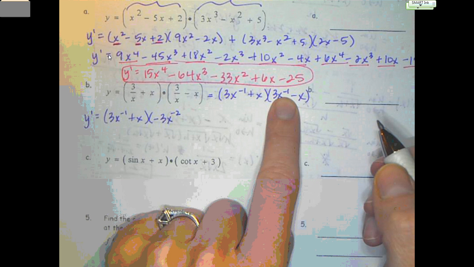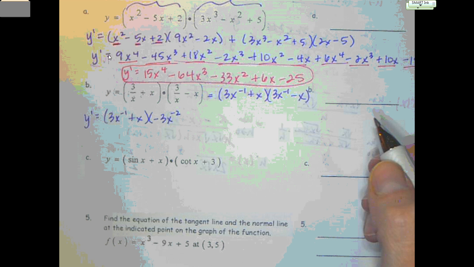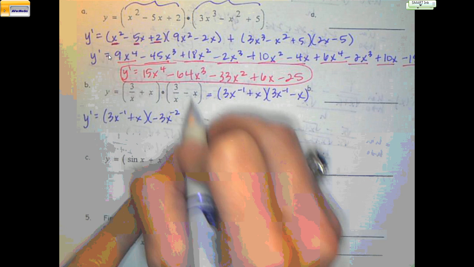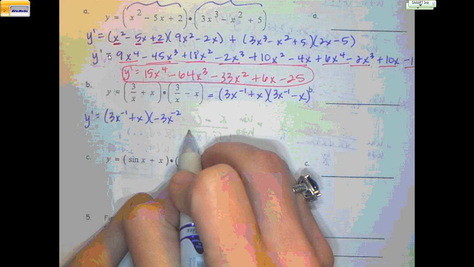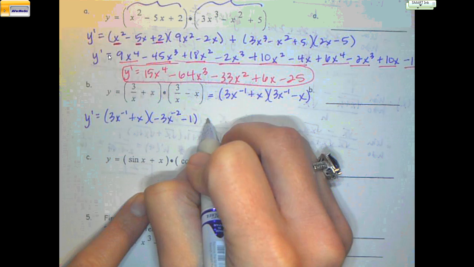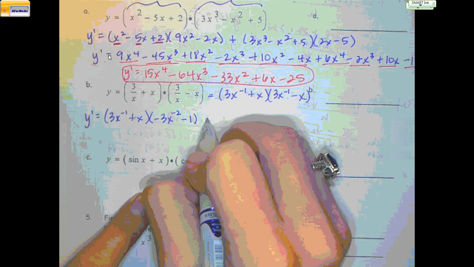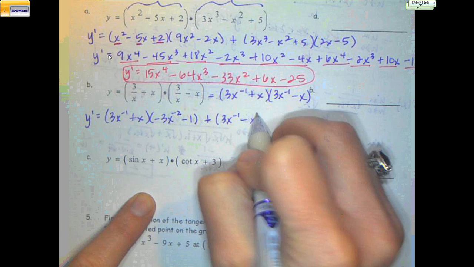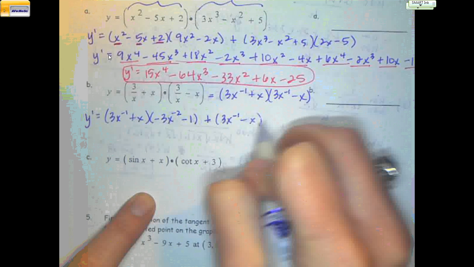I think you actually know it if I isolate it like that, but you got in a hurry and you went the other way. You started adding exponents. What's the derivative of negative x? Negative 1. Good. Do I add or subtract now? Plus the second function times the derivative of the first function.